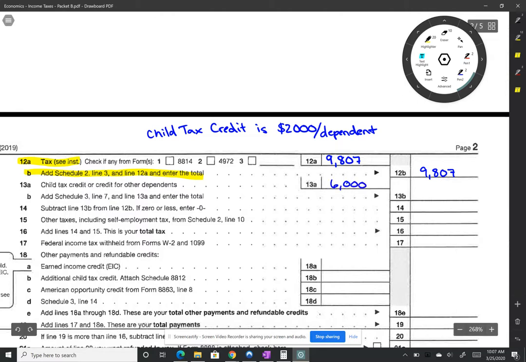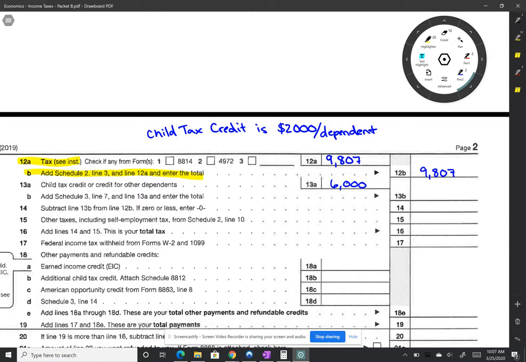Now, what a credit does, let's start off with a deduction. A deduction lowers your income. A tax credit lowers your tax bill. So if you had a choice, $5,000 in deductions or $5,000 in tax credits, you want that tax credit, right?